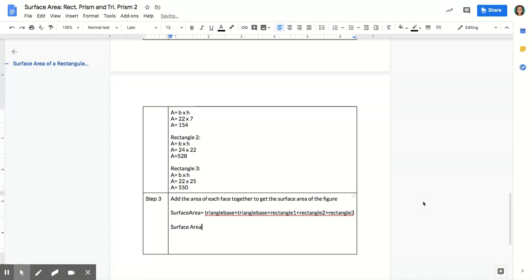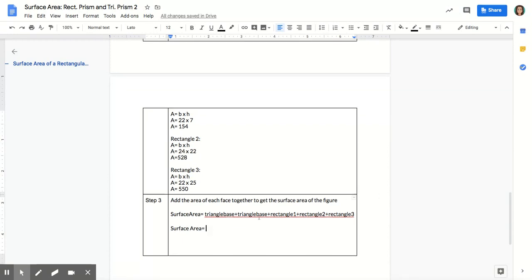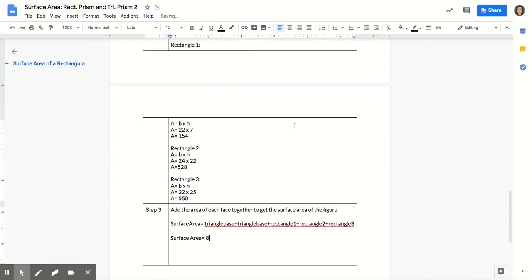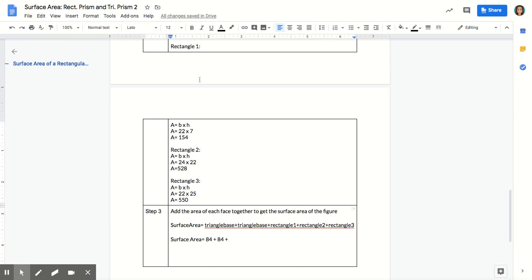Surface area equals, well, the triangle base plus the triangle base. Well, each triangle base is 84. So we have to do 84 plus 84 plus rectangle 1 plus rectangle 2 plus rectangle 3. Well, rectangle 1 is 154 plus rectangle 2 is 528 and rectangle 3 is 550.